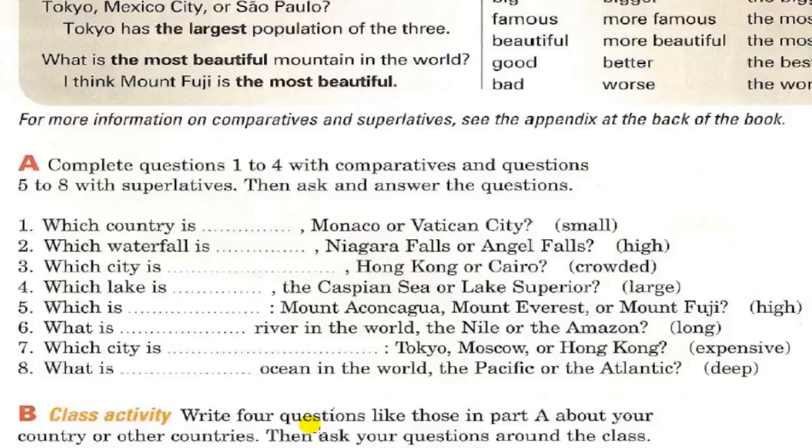Egypt is the country number 1. Egypt is more crowded than Saudi Arabia, Kuwait, Qatar, and the United Arab Emirates. Egypt is the most crowded country in the Arab world.